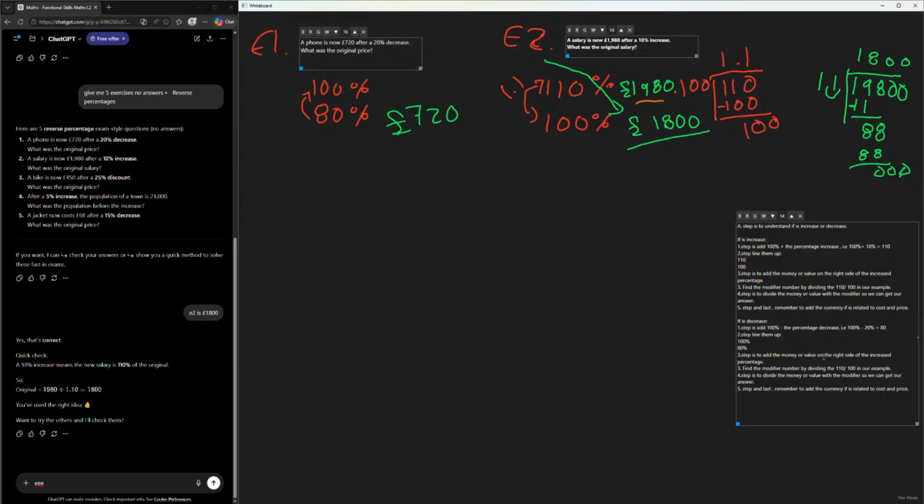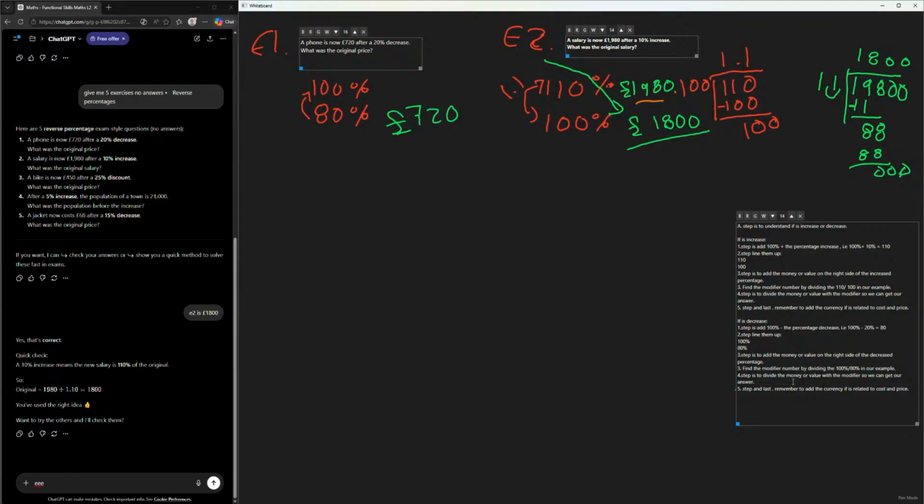The step is to add the money value on the right side of the decreased percentage. So in our case the decreased percentage is here. Find the money by dividing the 100 these percentages, because this is the percentages that we are dividing.